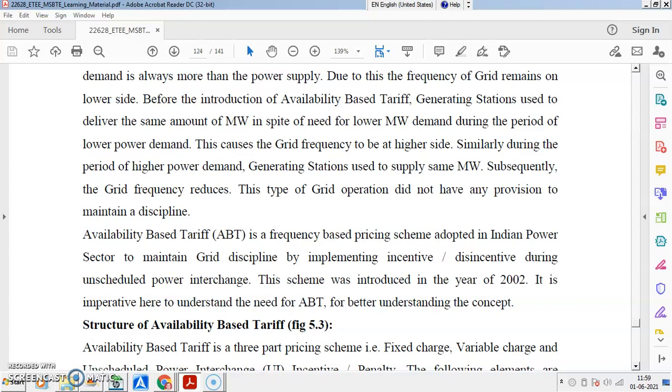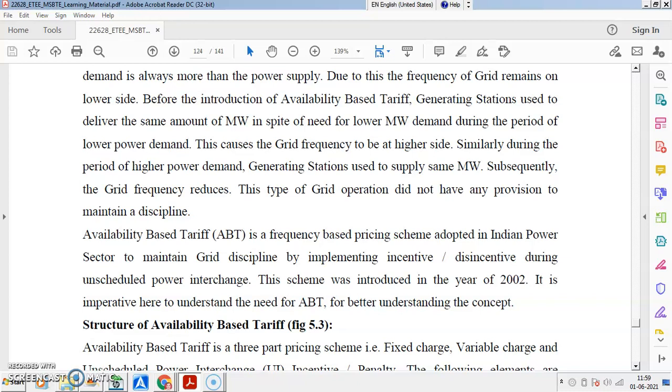So the scheme was introduced especially in 2002 in the Indian power sector. It is imperative here to understand the need of ABT for better understanding of the concept. That is, especially during the critical time, the availability based tariff, ABT, is used for selling the power or purchasing the power.